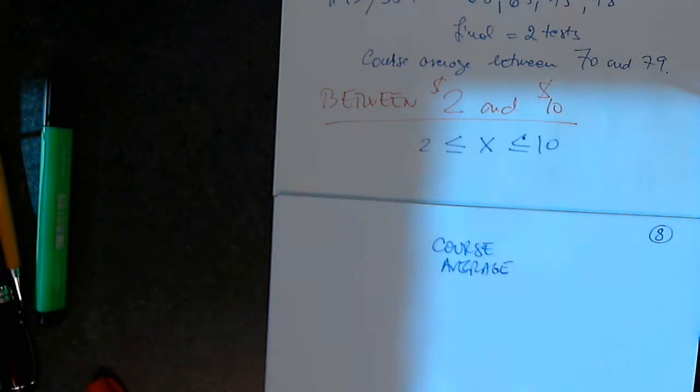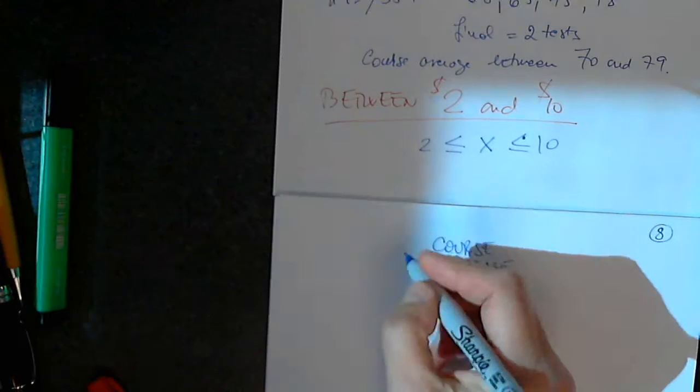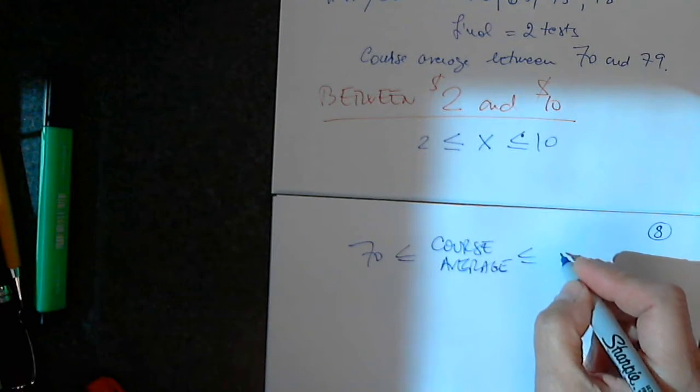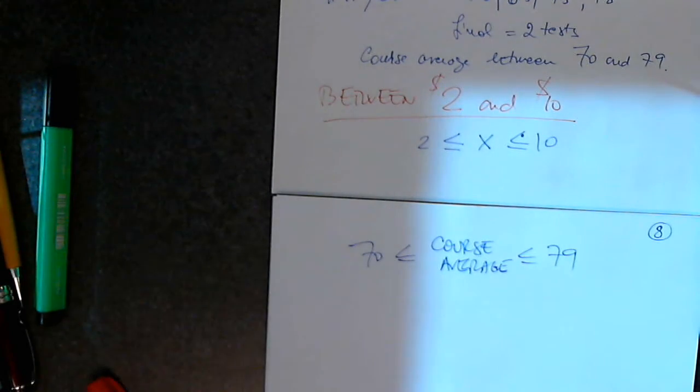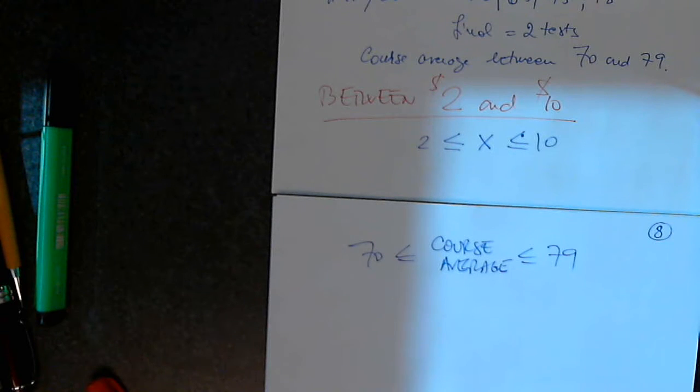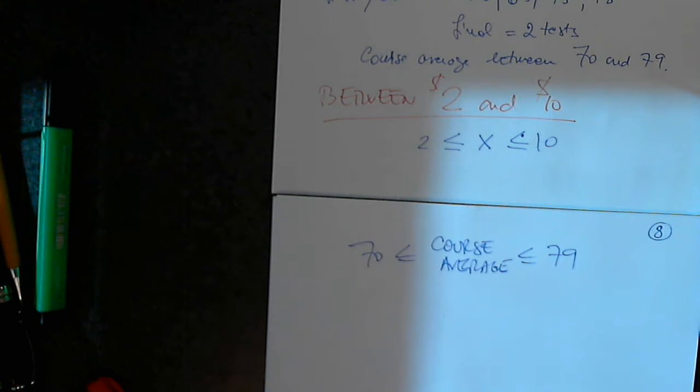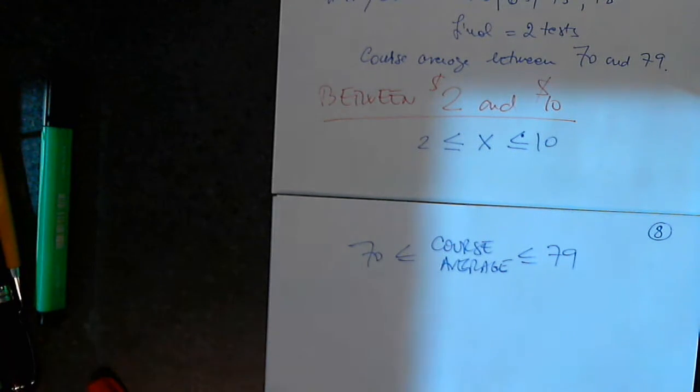How do I write that? 70 less than or equal to x less than or equal to 79. Good. Now let's talk about the course average. So I have two numbers and I want to determine their average. How do I determine the average of two numbers? Add them up and divide by 2.